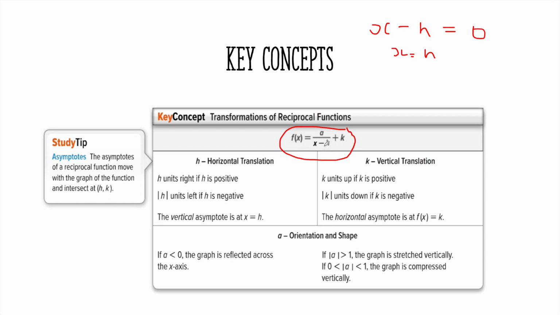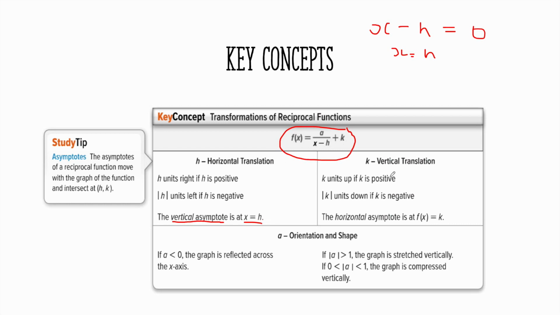Okay, so if you have a positive sign, your H is negative, but when we substitute it, it will be positive. So it will move to the left. So basically, here it is. Our H gives us the vertical asymptote, and X is equal to the H value as the asymptote.